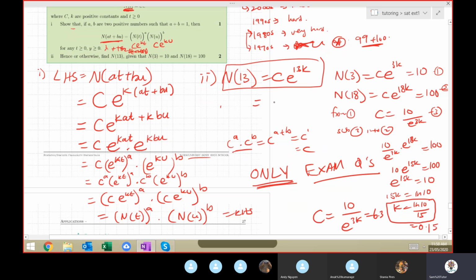So N of 13 equals C, which is 6.3, E to the 13K. And that's the answer to that one. On 15. So about 46.35 is the answer for N of 13.